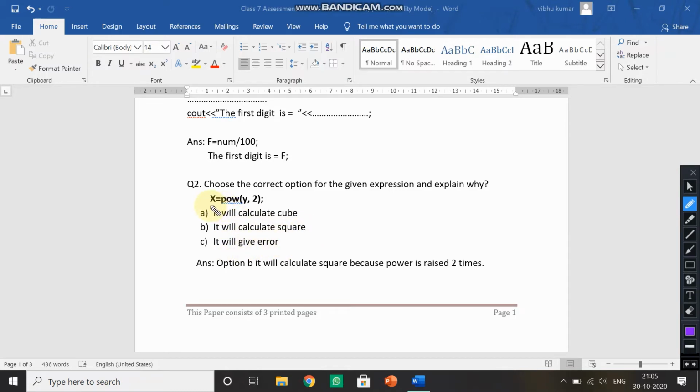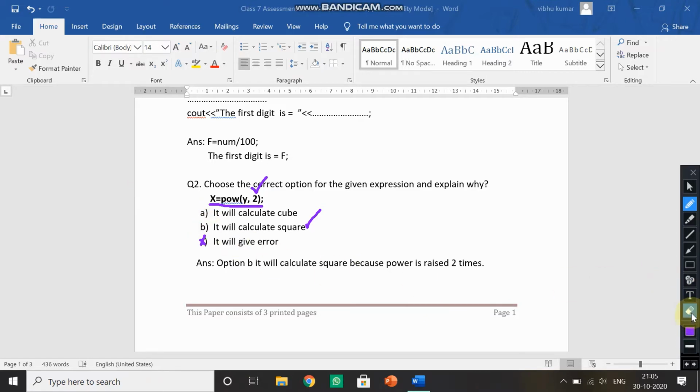As you see, this formula is already correct, so there will be no error. So this option is wrong. Here it says 2, so 2 means we are going to find the square. So this formula will calculate the square. So this is the answer, option B. It will calculate square because power is raised by 2.